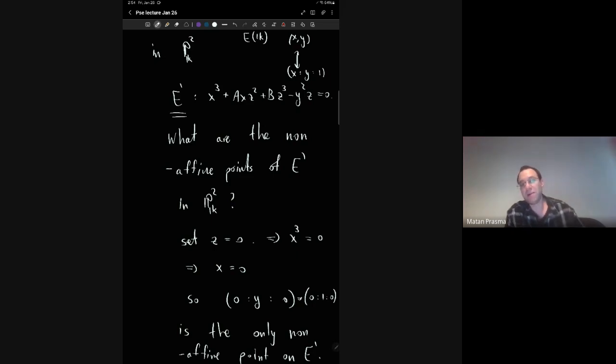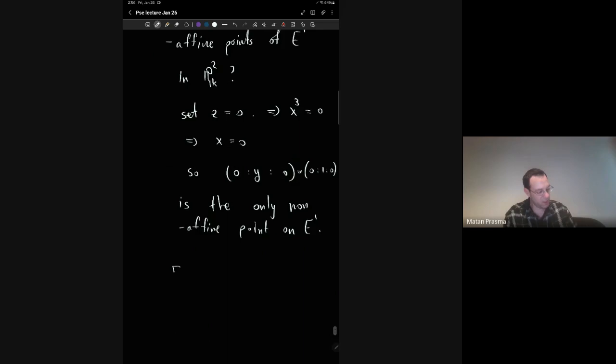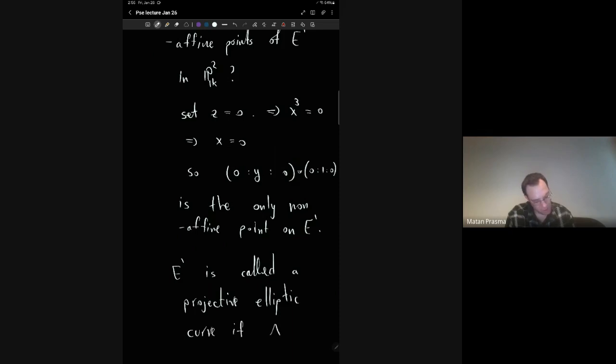A projective curve of degree 3 is called a projective elliptic curve if the discriminant is non-zero.